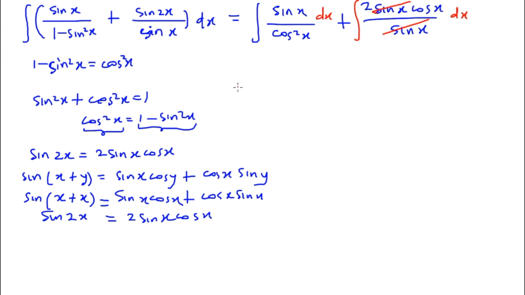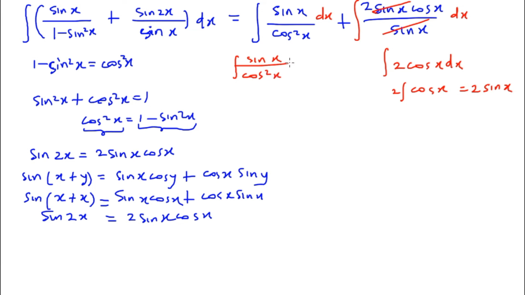So if I have something of this nature, this can be reduced to 2 cos x dx, and the integral of 2 cos x is the same thing as 2 times the integral of cos x, which is 2 sine x.